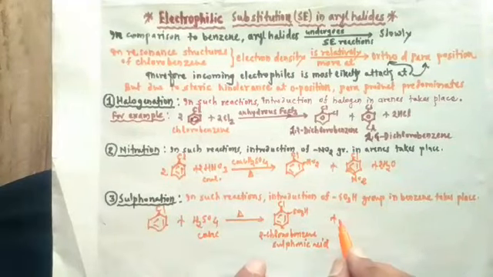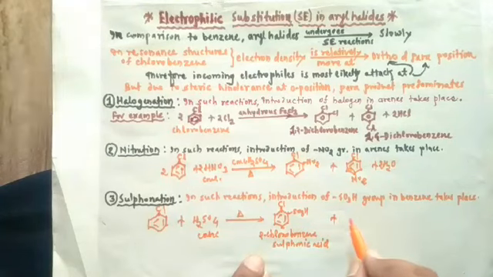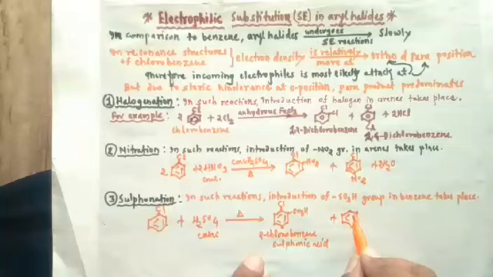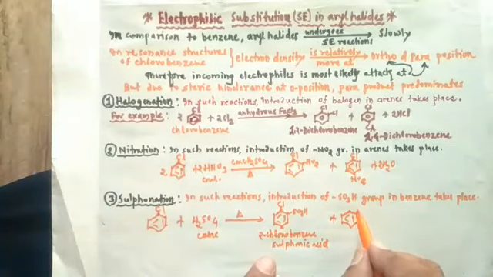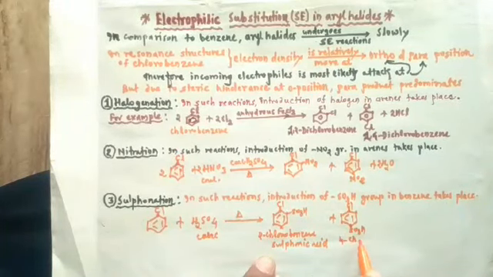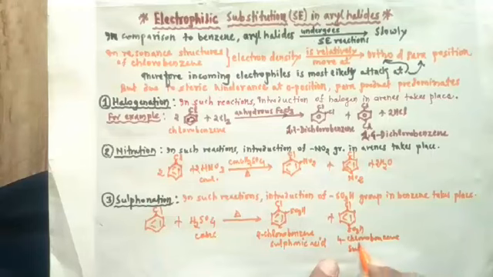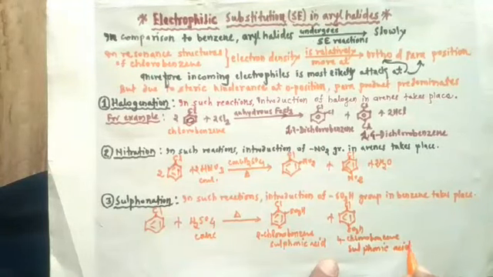Then the other product formed is this product, which is 4-chlorobenzene sulfonic acid.